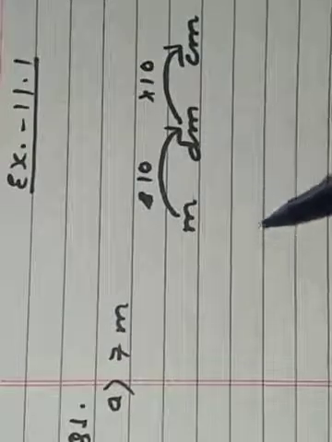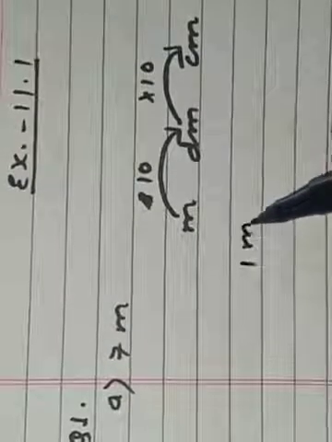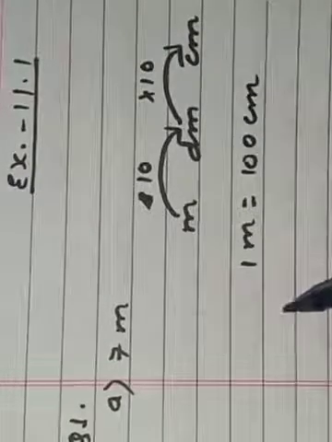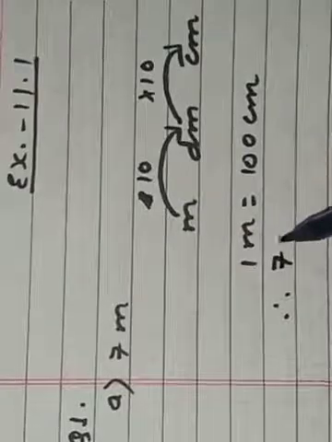So, as we know, 1 meter is equal to 100 centimeter. Therefore, 7 meter is equal to 7 multiplied by the factor 100. We get the answer as 700 centimeter.